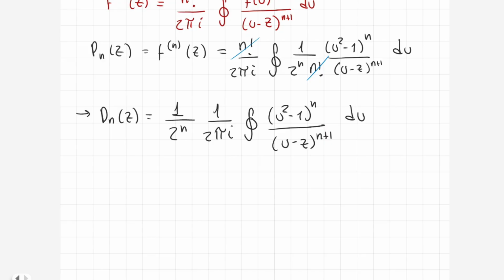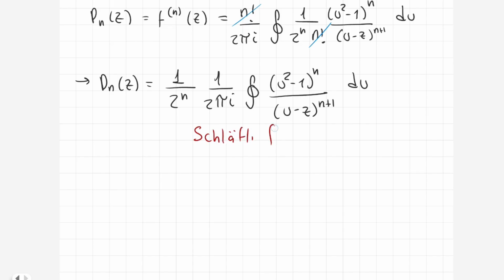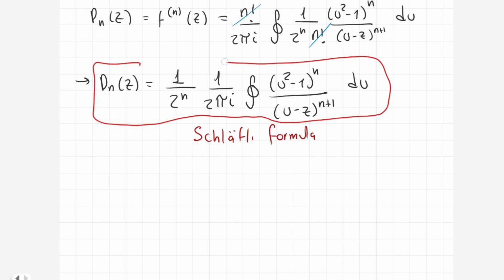Perfect, and this is something that is going to be known as the Schläfli formula. Okay, let me write it. Schläfli formula.